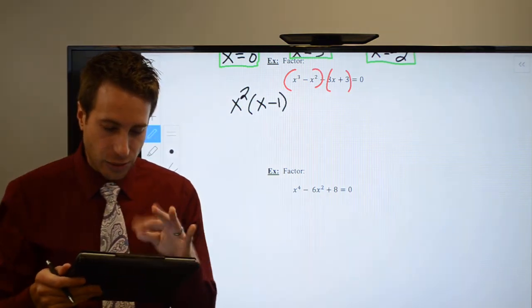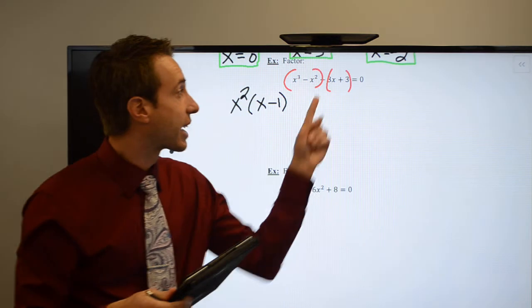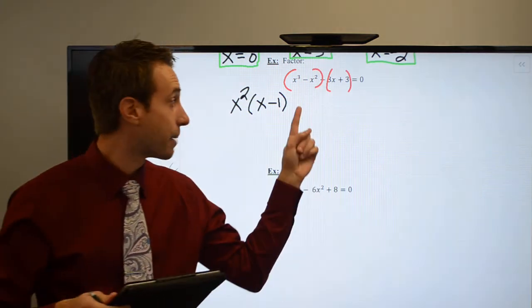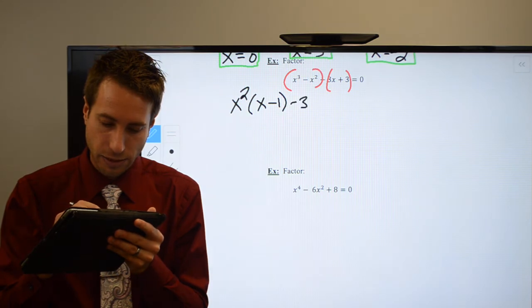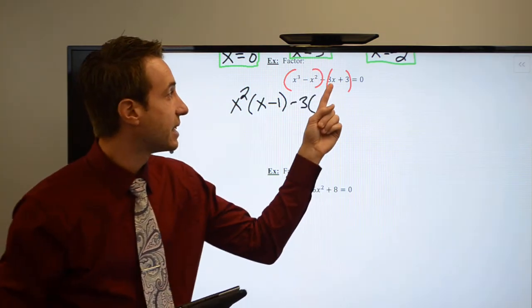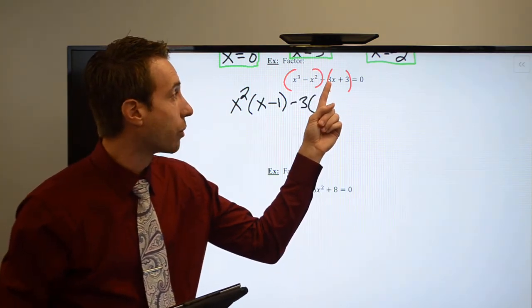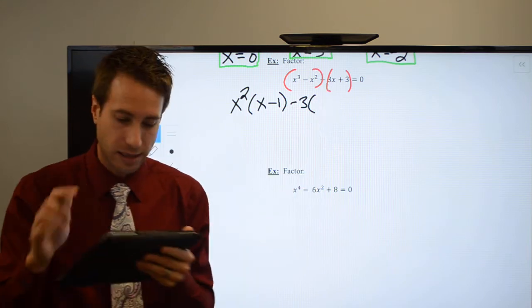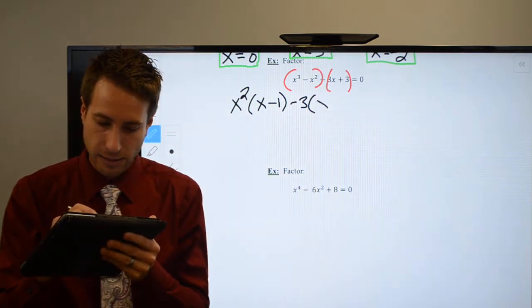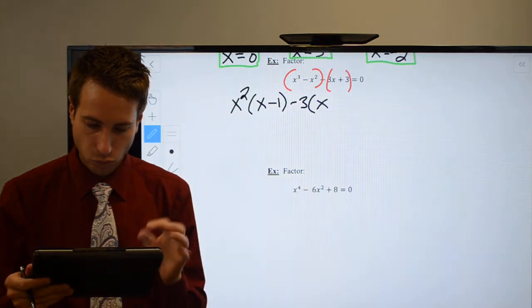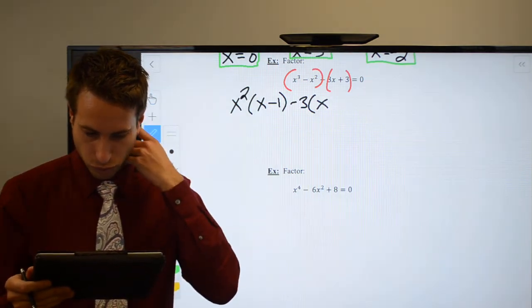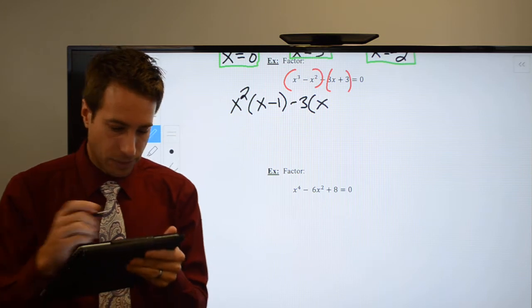Out of the next 2 guys, I'm going to pull out a 3. Careful, there's a minus sign in there, so that means I'm going to have a minus 3 right here, not a positive 3. Oh, wait, I'm sorry, hold up.